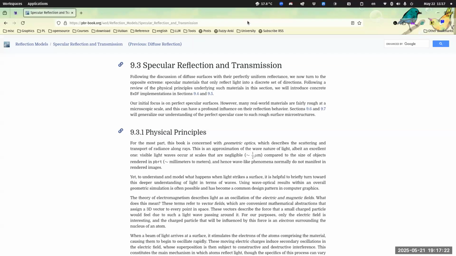So next chapter, specular reflection and transmission. Following the discussion of diffuse surfaces with their perfectly uniform reflectance, we now turn to the opposite extreme, specular materials that only reflect light into a discrete set of directions.